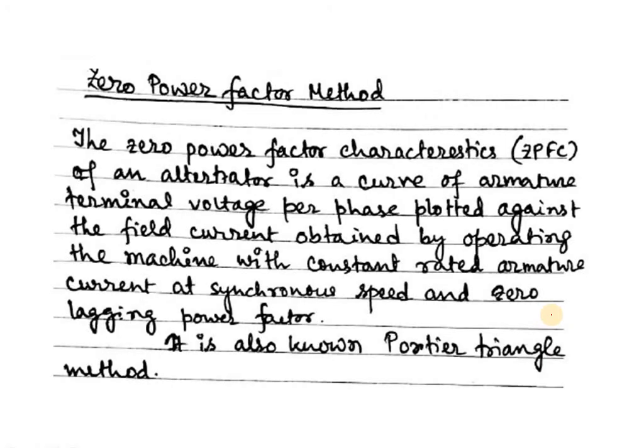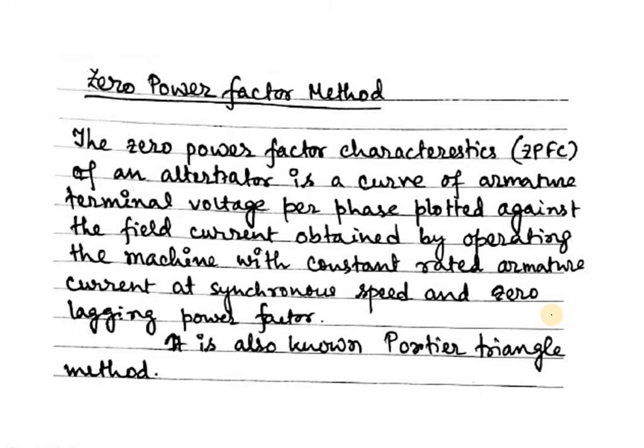Now we will go to the zero power factor method, or ZPF characteristics. The zero power factor characteristic of an alternator is a curve of armature terminal voltage per phase plotted against the field current, obtained by operating the machine with constant rated armature current at synchronous speed and zero lagging power factor.